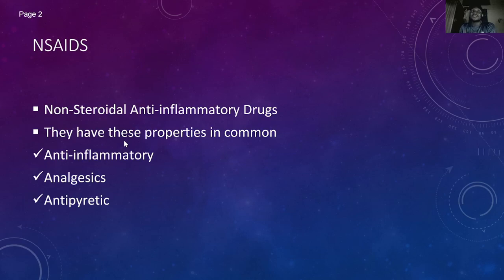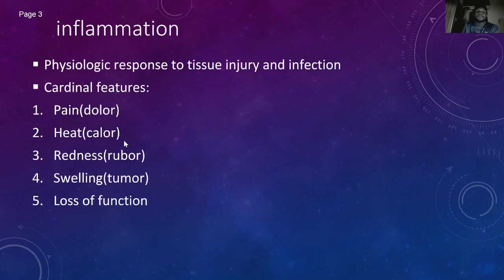Anti-inflammatory property means that they reduce the rate of inflammation or arrest inflammatory processes, while analgesic property means they can reduce pain or arrest pain. And lastly, antipyretic means they can bring down fever or arrest fever.